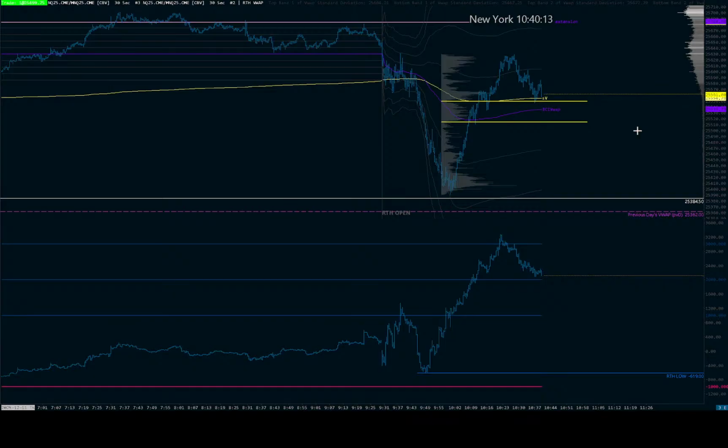Yes, Travis is right. If you guys are looking at composite values, either TPO chart or volume profile, right? Anytime it peaks below and comes back up, it's called a look below and fail. Look above and fail, look above and go.